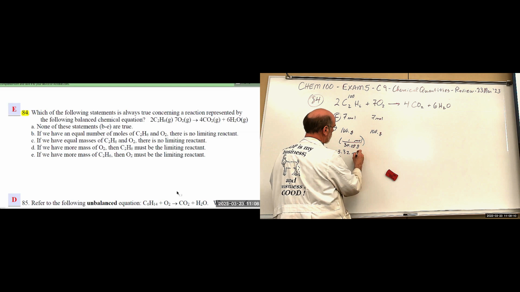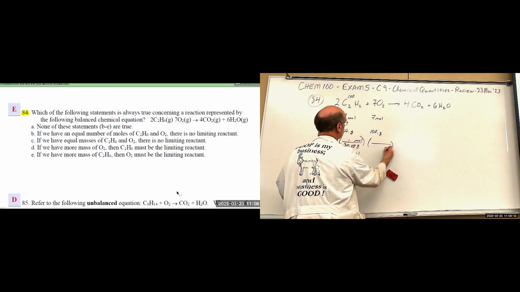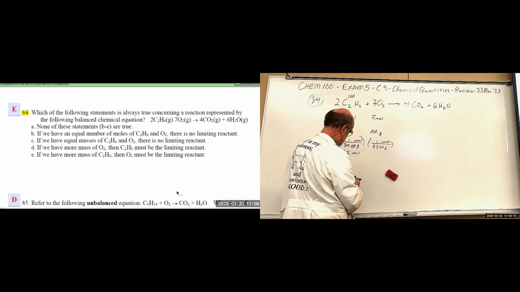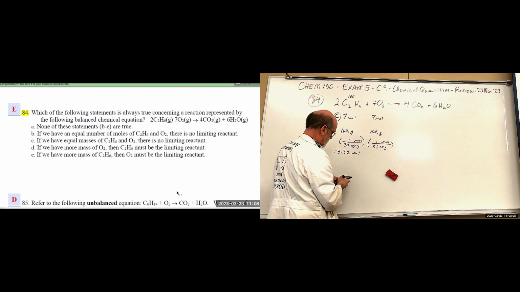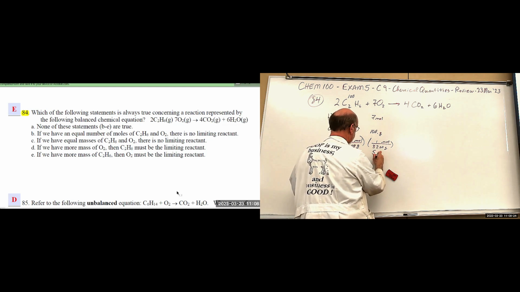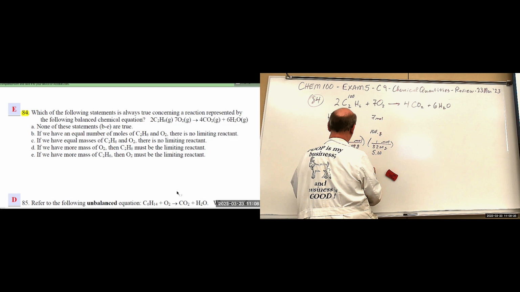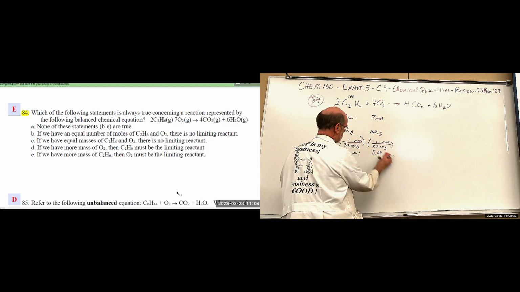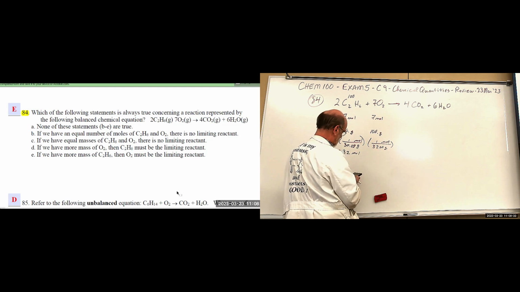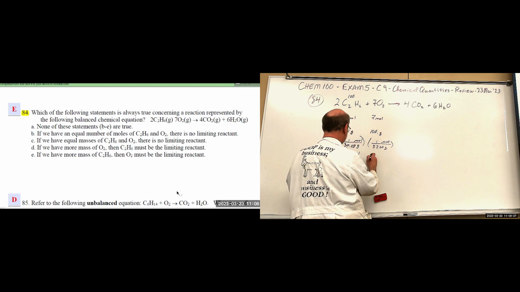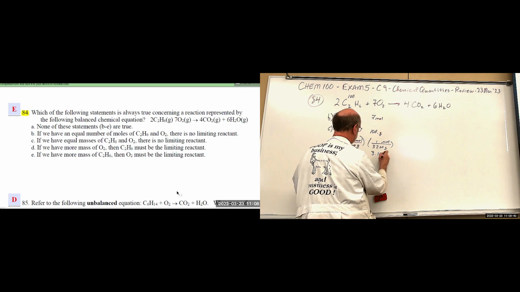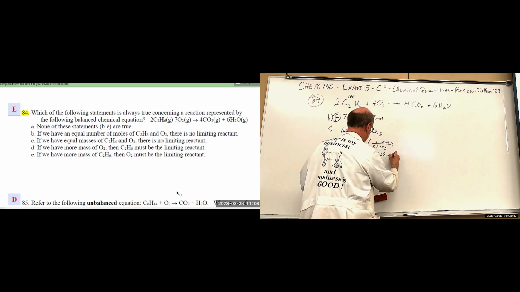3.32 moles here. How about oxygen? 32 per mole. So 100 divided by 32 yields 5. Is that right? That's not right. That didn't make any sense. 100 divided by 32 is 3.125 moles.